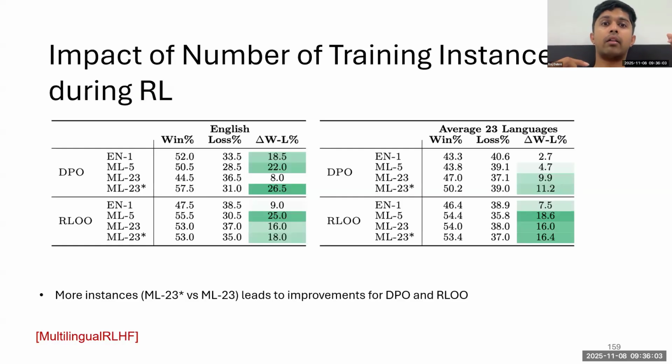Next slide. And here we are simply exploring the impact of the number of training instances during RL. The main takeaway here is that the more training instances you have during RL, the better it is. Because the overall amount of information that you're going to be giving to your final model during the RL step is primarily a function of the number of prompts.